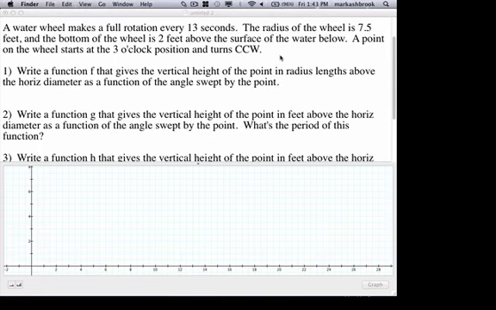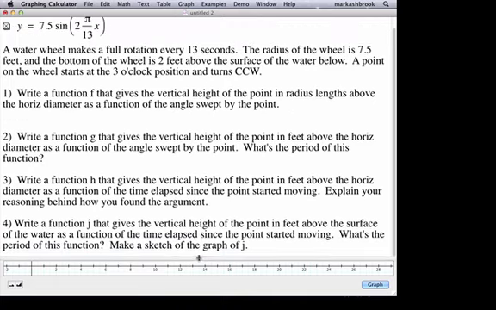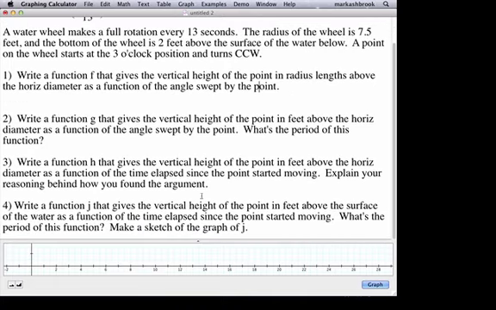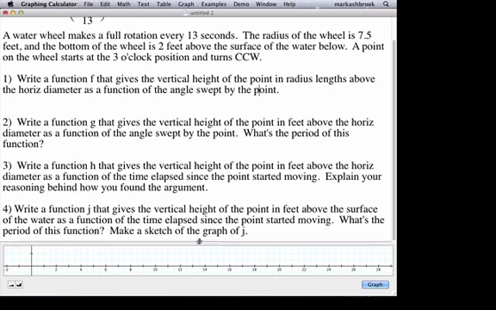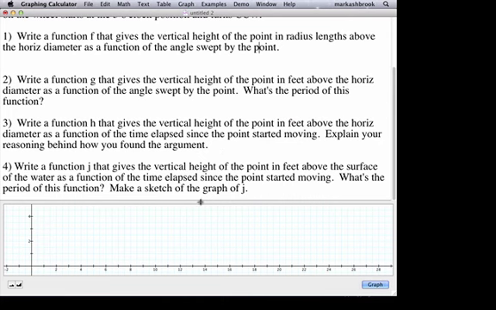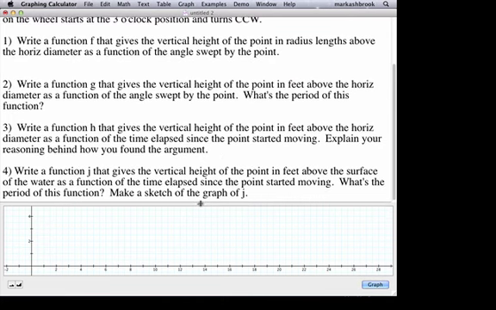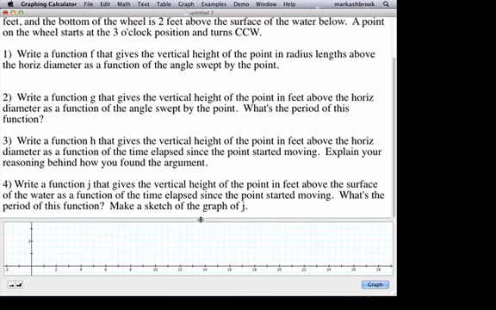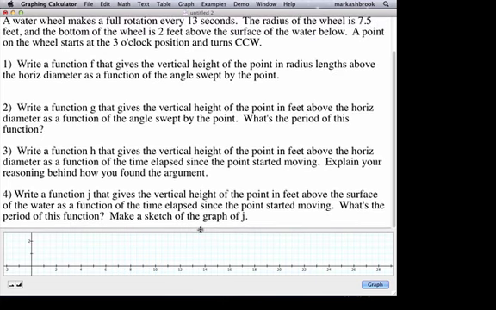A point on the wheel starts at the 3 o'clock position and turns counterclockwise. The first one is to write a function f.